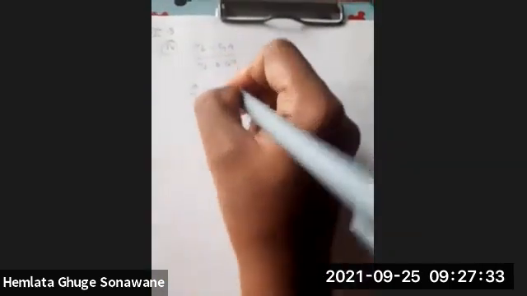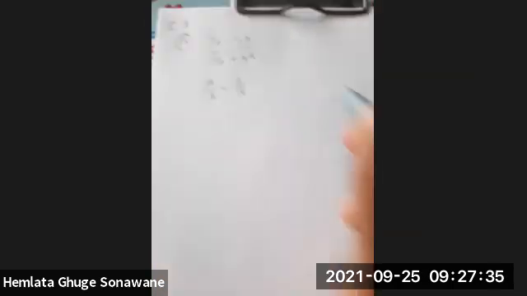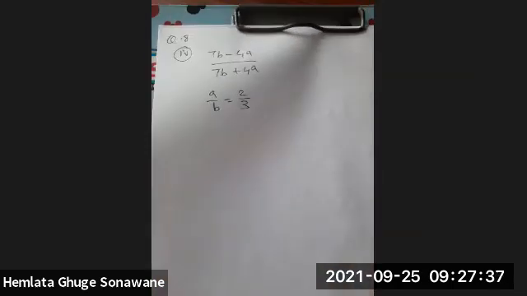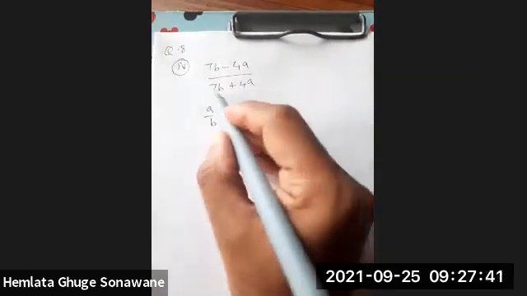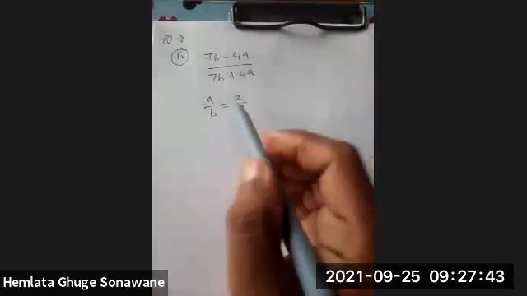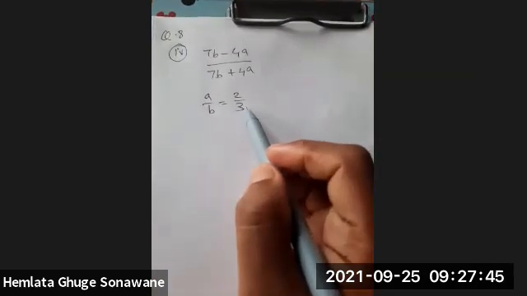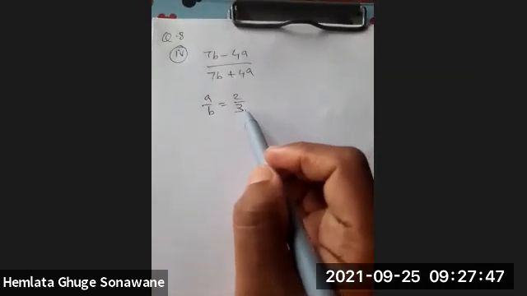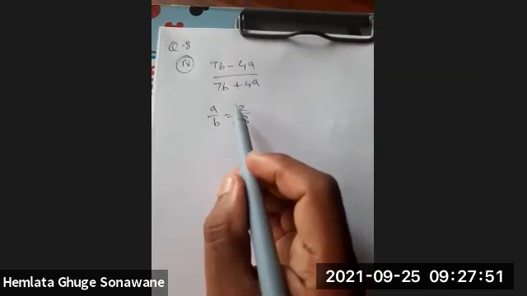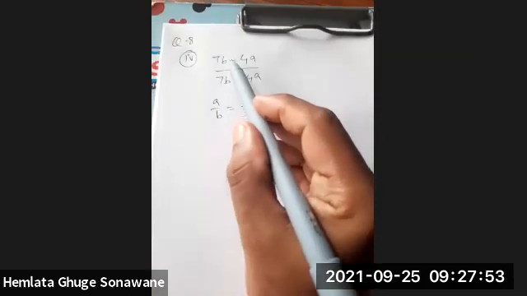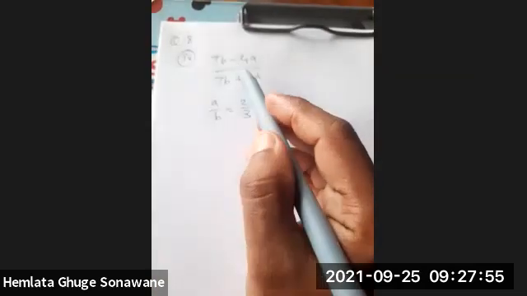We have A upon B is equal to 2 upon 3. Now you can see that 4 is in multiplication with A and 7 with B. So we'll multiply here both the sides by 7 upon 4. Okay, before that we'll apply the property of invertendo.